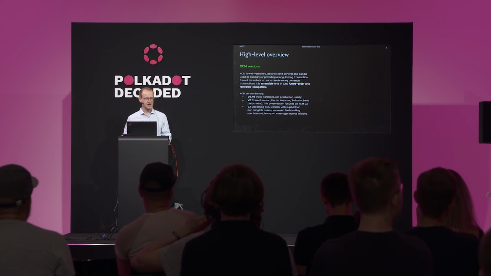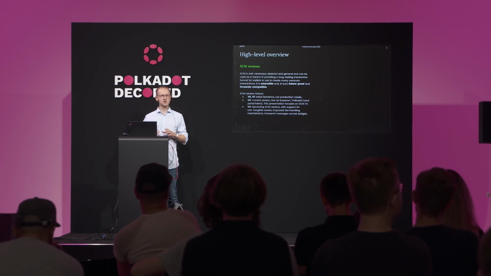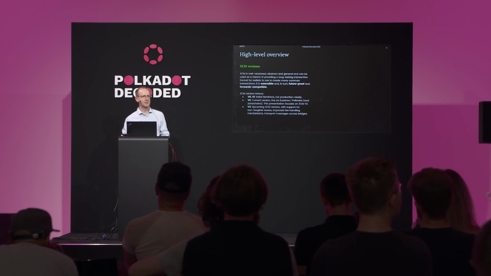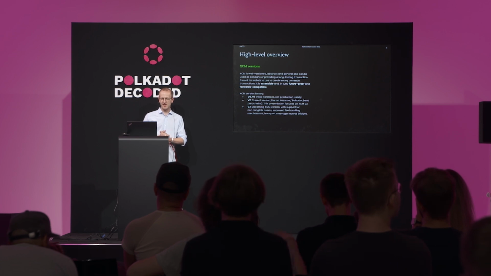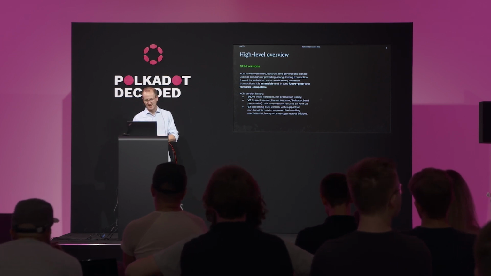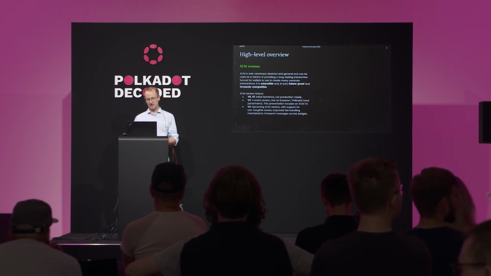The current version that is live on Kusama and Polkadot is version 2. So this presentation will focus on that version. And we have Xcm v3 coming. That's a very exciting new version that adds some support for non-fungible assets. There's some improved mechanism for fee handling, and also the ability to transport messages across bridges.